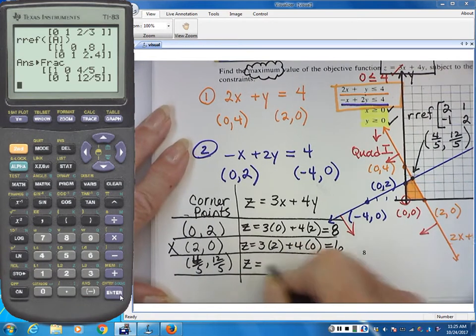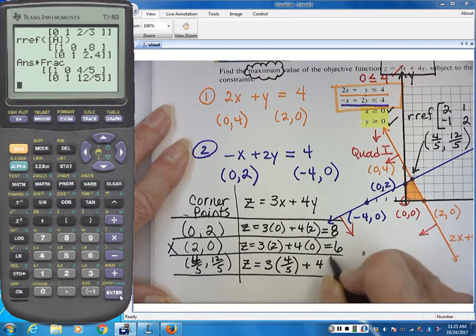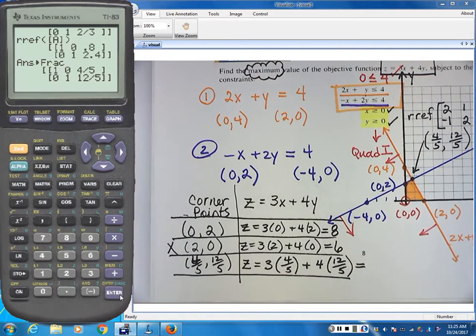Z equals 3 times 4/5 plus 4 times 12/5. And because the calculator works with us, we don't have any problem answering that. We say 3 parentheses 4 divided by 5, close the parentheses, plus 4 parentheses 12 over 5, close parentheses.